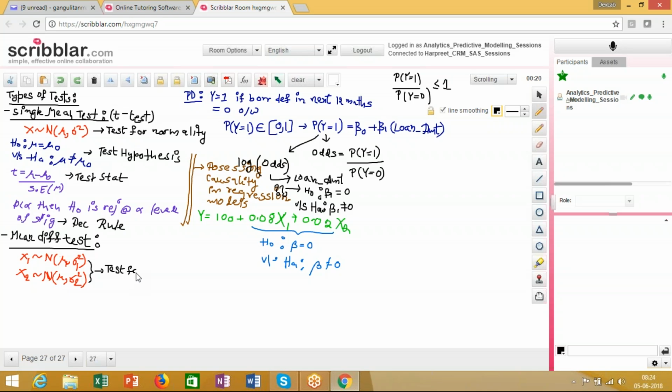This is one of the most important characteristics of these t-tests, that they are very strongly based on the assumption of normality.